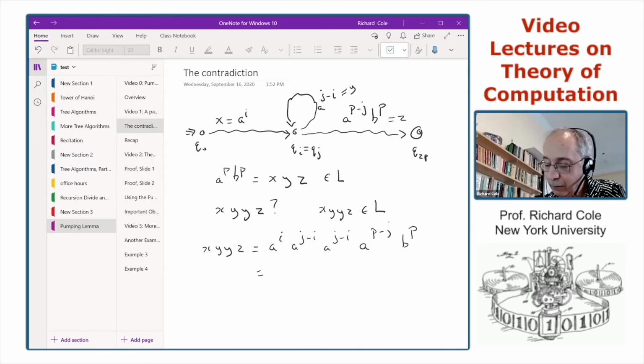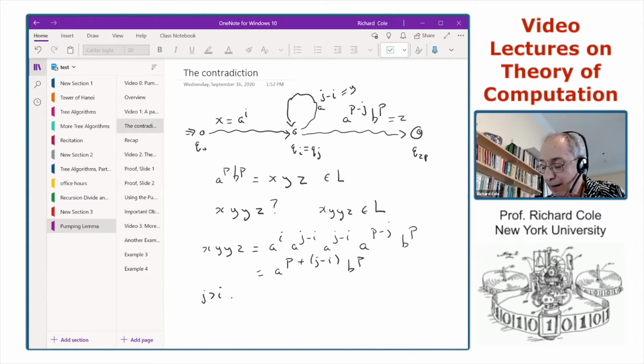And what you see is we have p plus j minus i A's. And the important point to remember from a minute ago is that j is greater than i. So the number of A's and the number of B's in xyyz are not equal. There are more A's than B's.